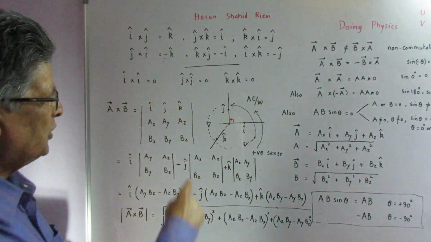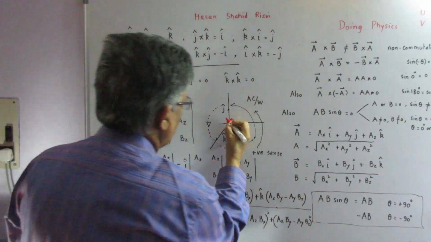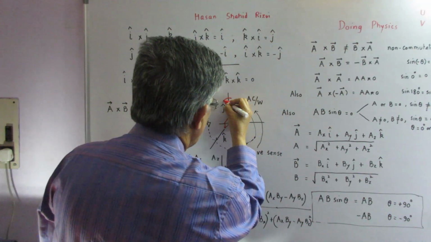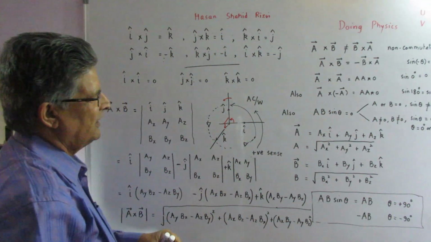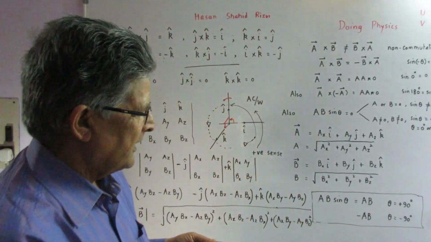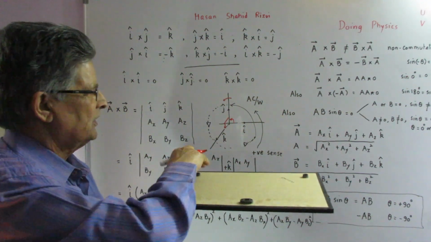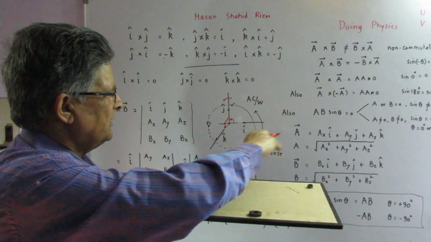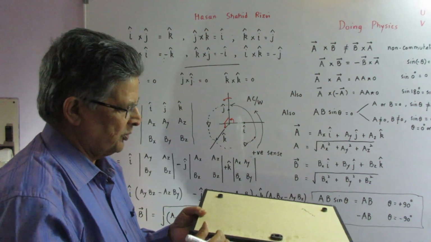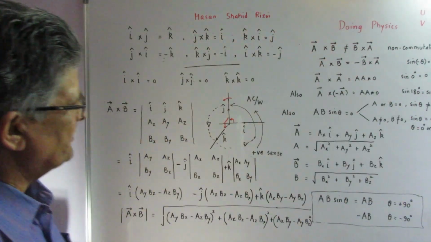Similarly, j and k make an angle of 90 degrees again, and if I rotate the j vector towards the k vector, where k is in this direction out of the board, then the direction turns out to be the x vector, in this case i cap.